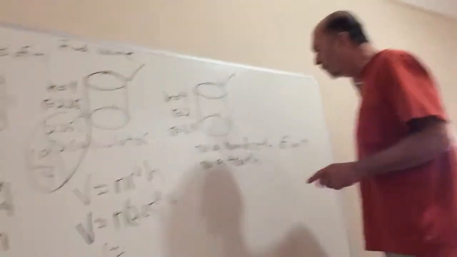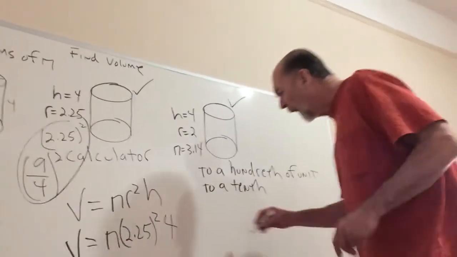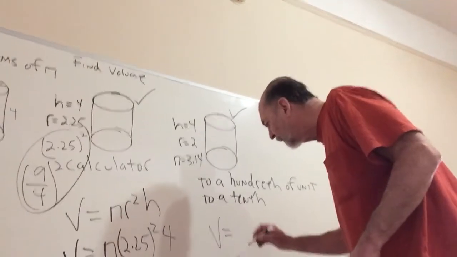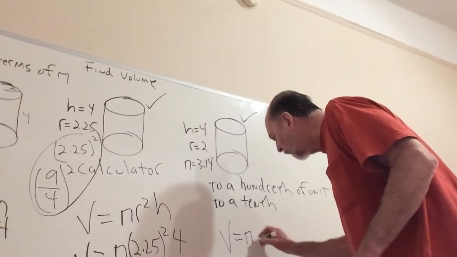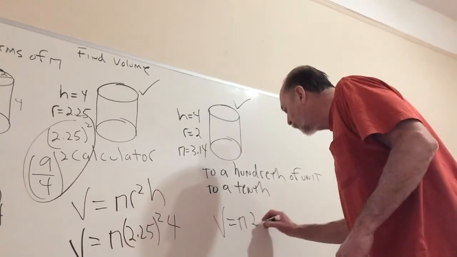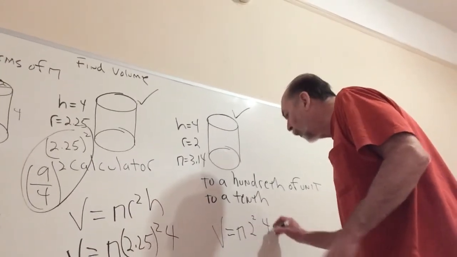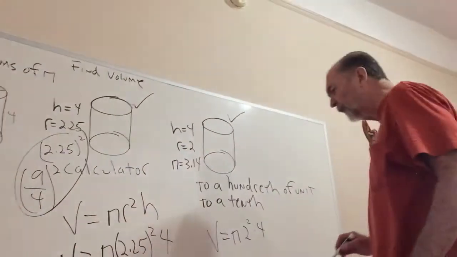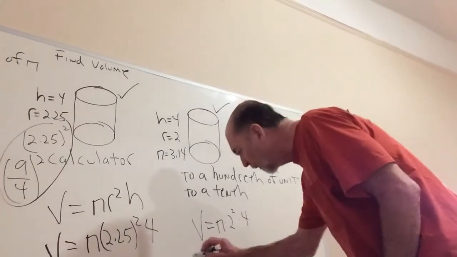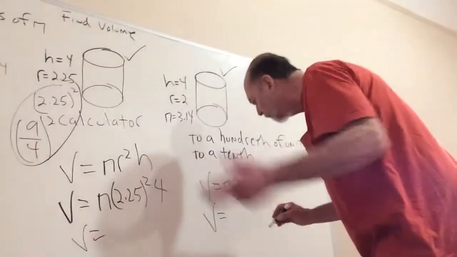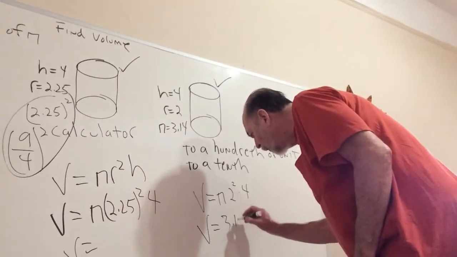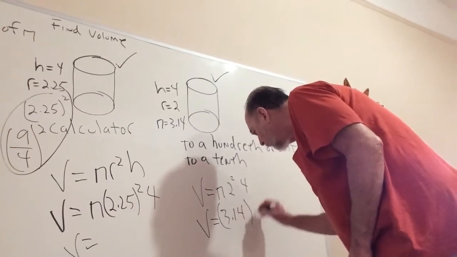In the third example over here, I again write the formula for the cylinder, and its volume equals pi 2 squared times 4. So we have 16 pi all over again, but they want an answer typically rounded to the 100th, which would be this.